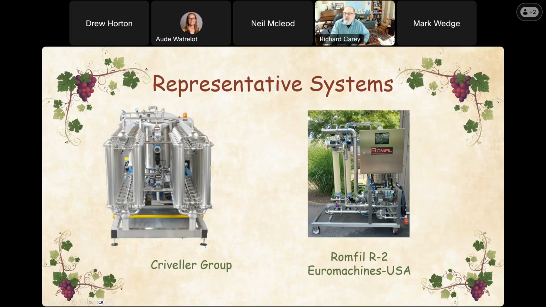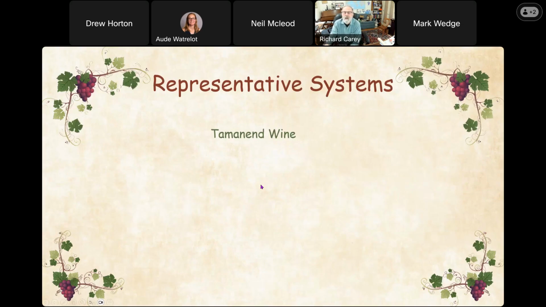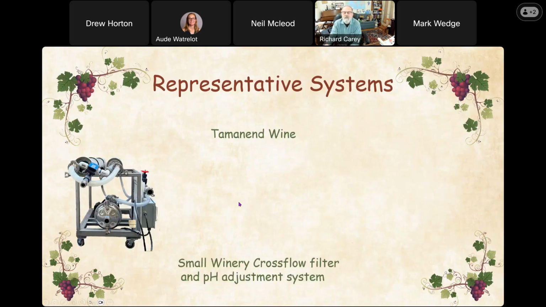This is a hollow fiber unit, and this one here is for one of the smallest of the systems, other than the one that I have developed, which is going to be entering the market now. I'm just starting to get it into the market, and this is the smallest crossflow filter on the market, at least that I know of, that I have created.